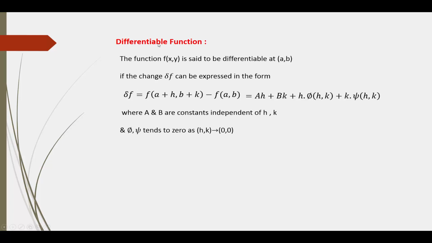This is the definition of a differentiable function. Means delta f, that is f of a plus h, b plus k, minus f of a, b, equals A h plus B k plus h into phi of h, k plus k into psi of h, k. By using the definition, let us evaluate some examples.